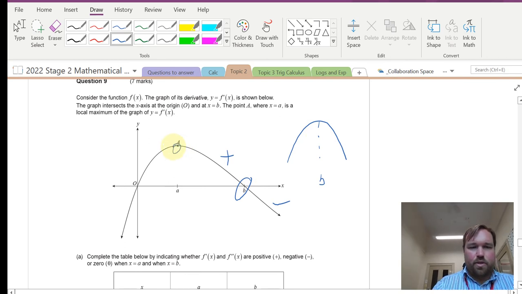Here, the slope is going more and more positive, pauses and goes positive again. So what's happening is something like this. It's non-stationary, but will go positive, positive peak. So it'll be one of these.